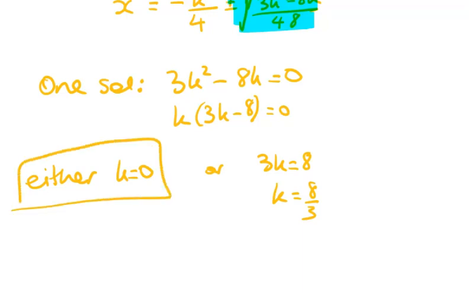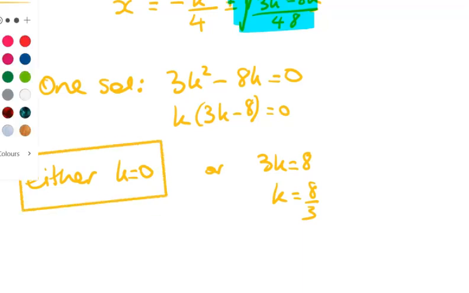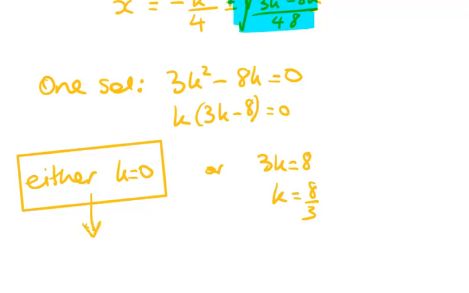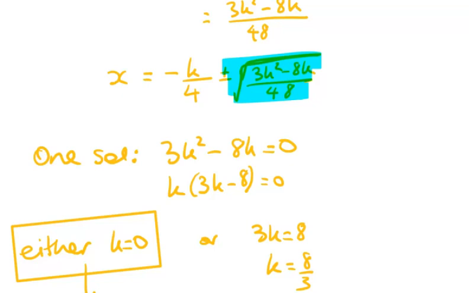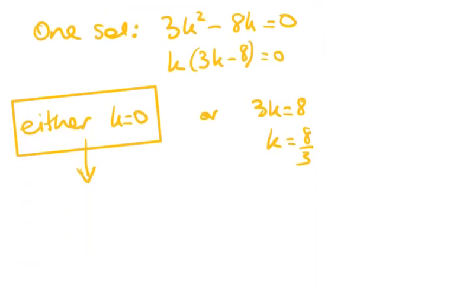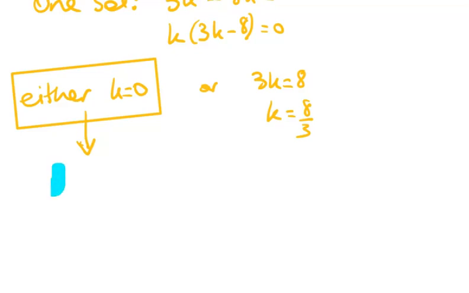But if we work with this solution, we get trouble, because going backwards to here, you can see that will give me an x value of 0. So x is equal to negative k/4, and that would equal 0.